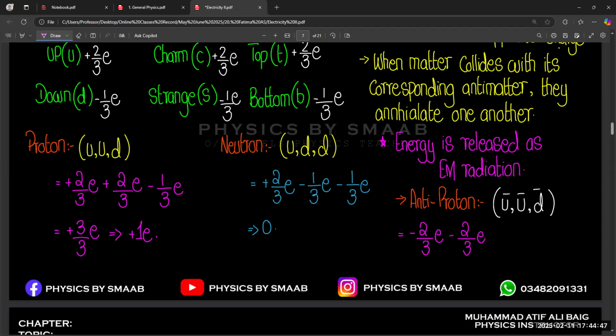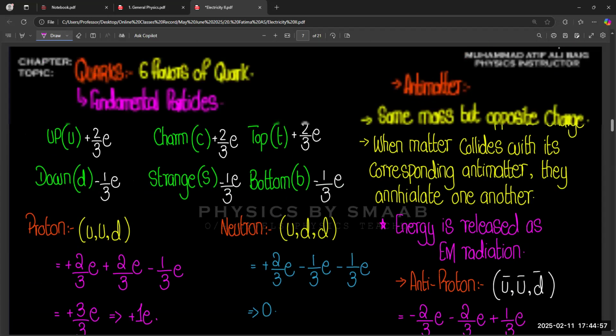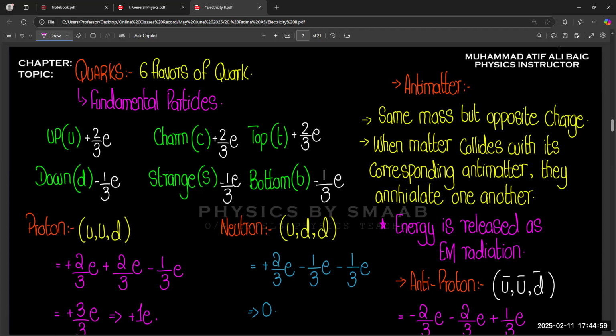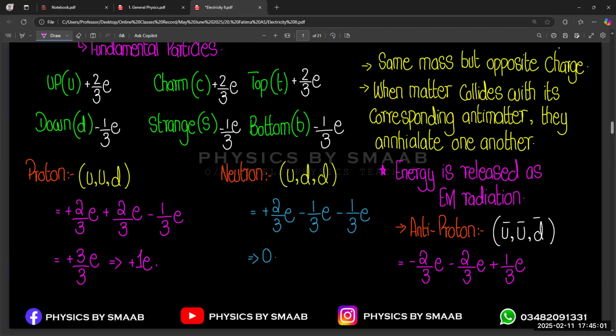It becomes +1/3, because charges are opposite but values are the same. That is the concept of antimatter. So the final answer we will get is -1e. So basically this element is exactly like a proton but only different in charge. Okay.